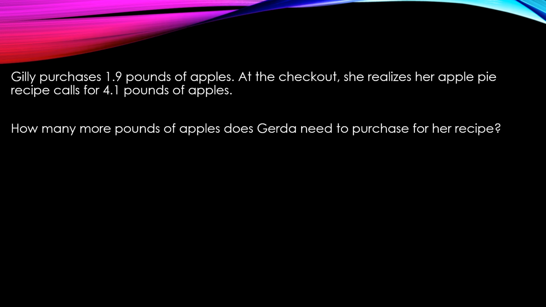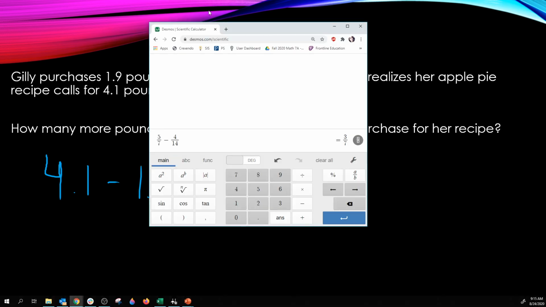Gilly purchases 1.9 pounds of apples, and at the checkout she realizes her apple pie recipe actually calls for 4.1 pounds of apples. How many more pounds of apples does Gilly need to purchase? Well, she only has 1.9 and she needs 4.1, right? So all I need to do is subtract those two numbers to figure out how much she still needs to buy.